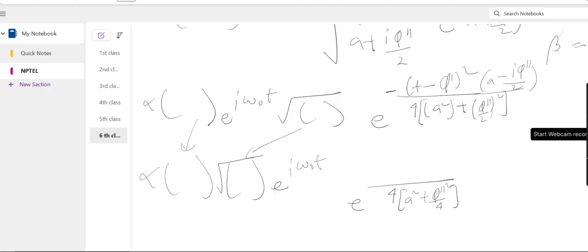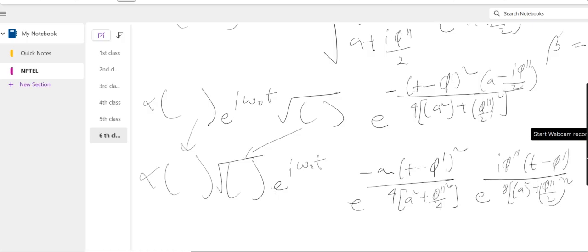Here we can write it as a t minus phi dash whole square, and there we can write it minus plus i phi dash dash by 8 a square plus phi dash dash by 2 whole square, t minus phi dash whole square.